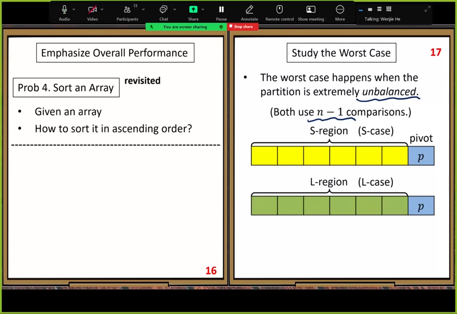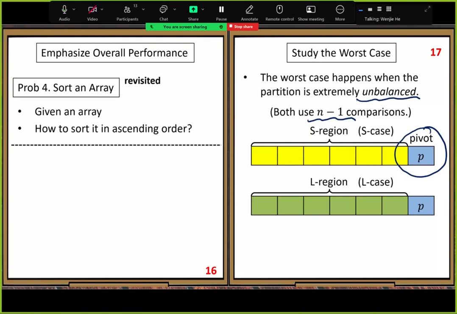After n-1 comparisons, the problem size is only reduced by one pivot element, because for the next round you do not include the pivot. It's already in place.